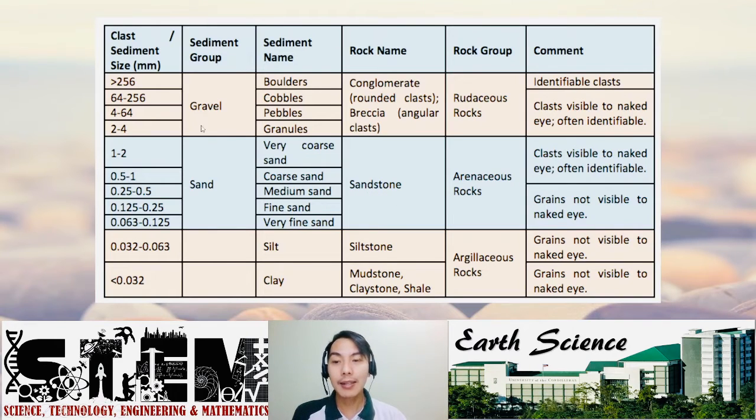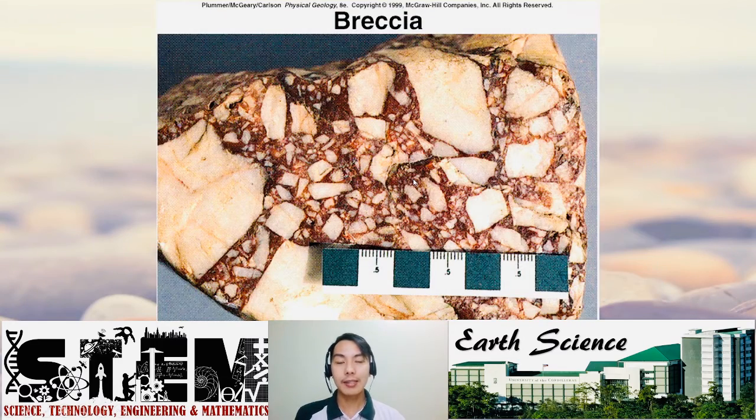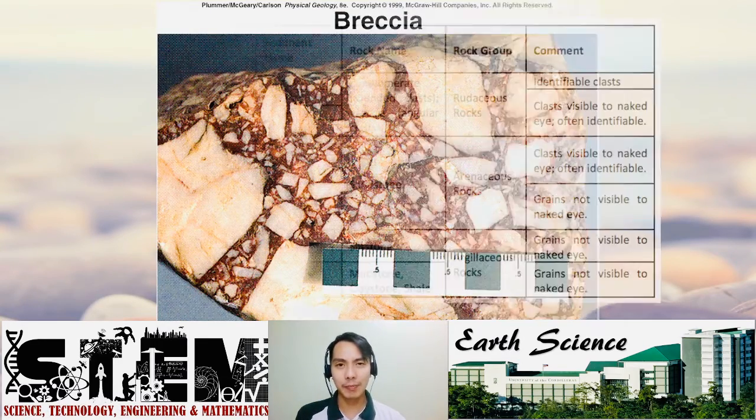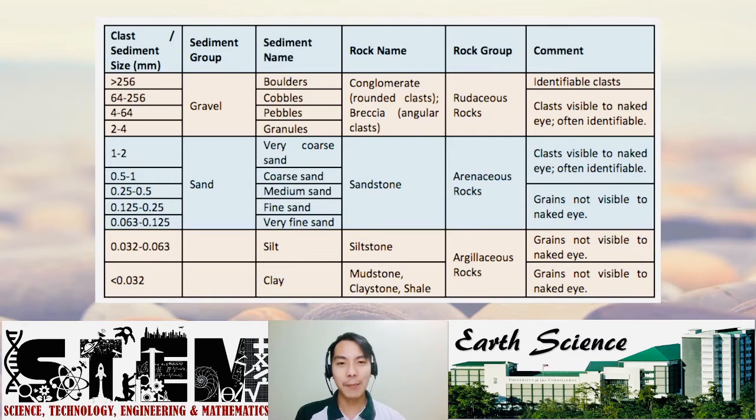If the sediments are greater than 2 millimeters, ranging from 2 millimeters to more than 256 millimeters, those are called conglomerate. These are the main rock groups under sedimentary rocks: mudstone, siltstone, sandstone, and conglomerate. Examples, we have breccia.